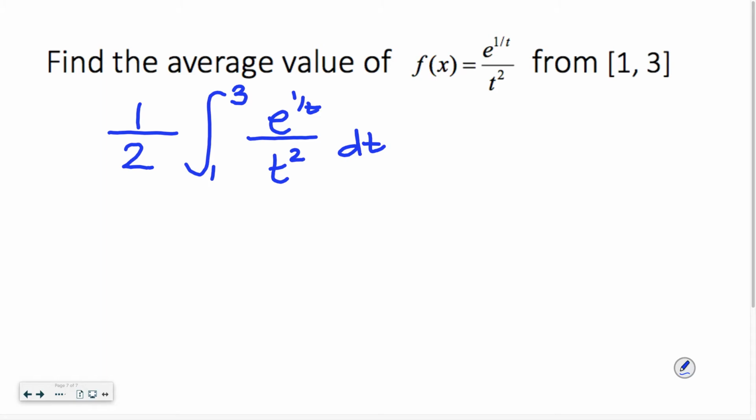You have an idea or a question? Look at it. Think about it. Chris, what's your idea? Use 1 over t as u, and you get negative e to the u du.